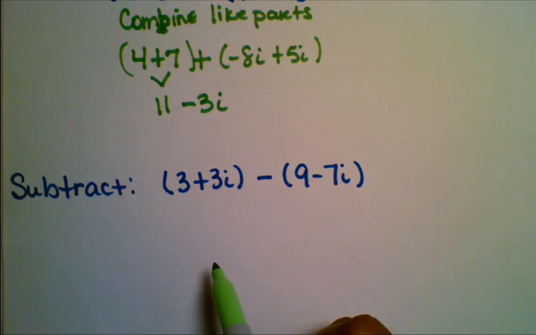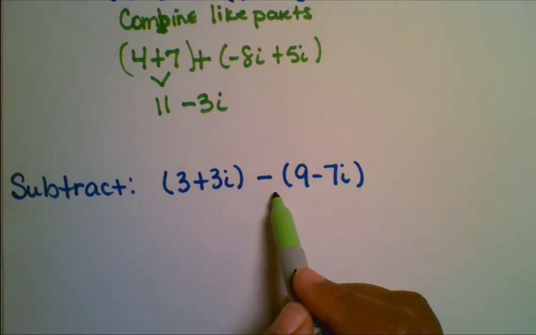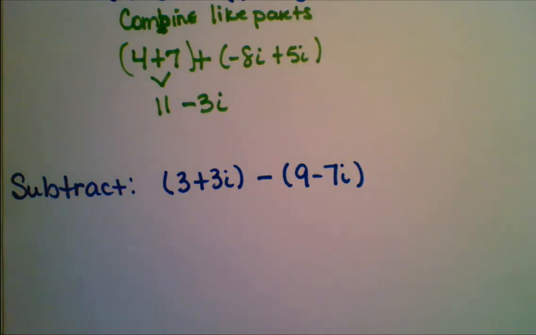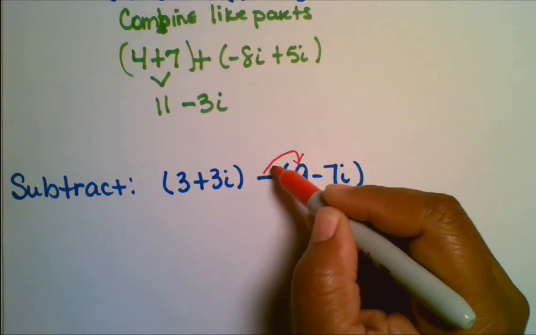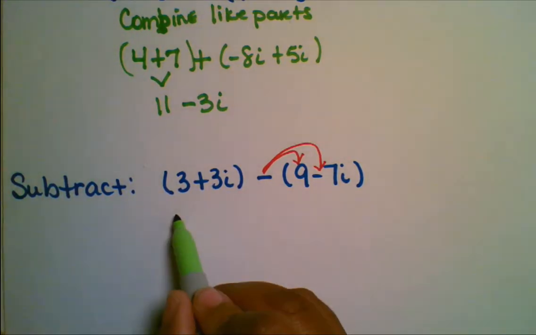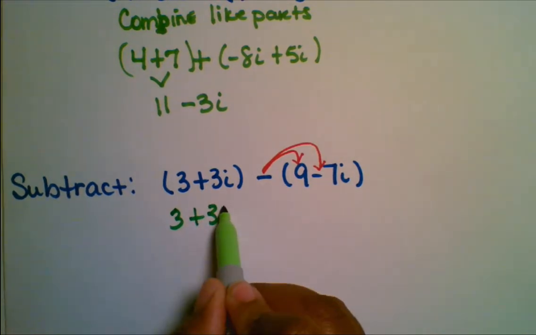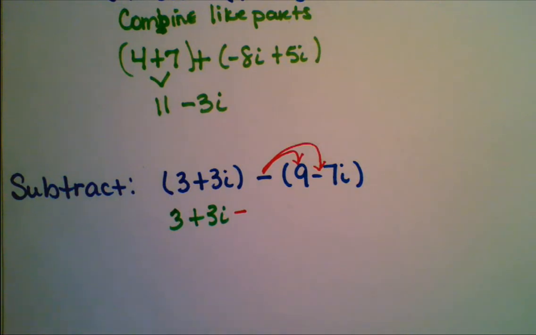Now with subtraction, remember, anytime that you have a minus sign in front of a parenthesis, it means we're going to distribute that negative to both of those terms. So before we can combine like parts, let's distribute the negative. So let's bring down the 3 plus 3i, distribute the negative. We have negative 9, and then we have positive 7i.